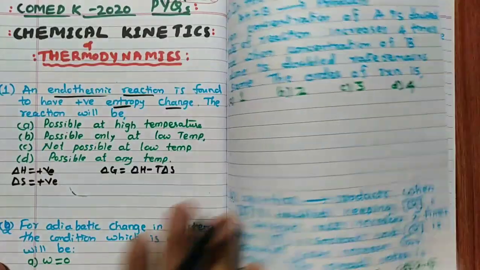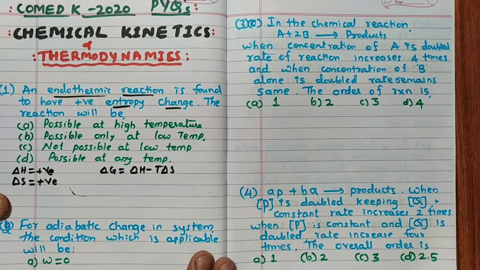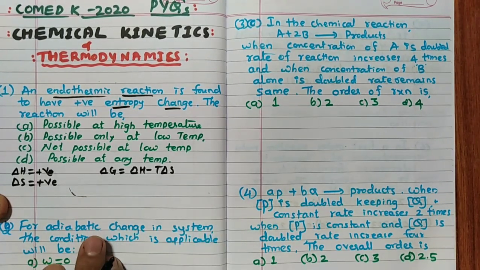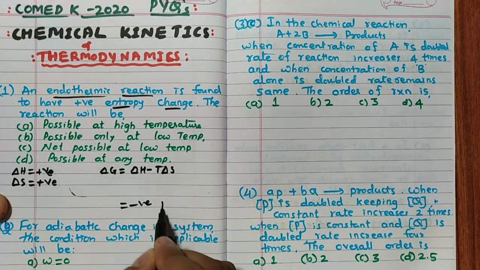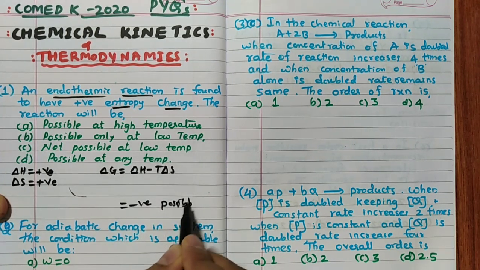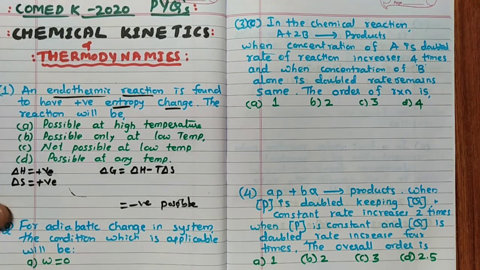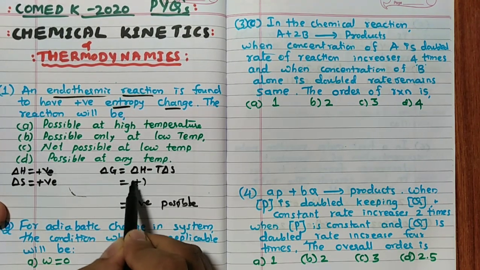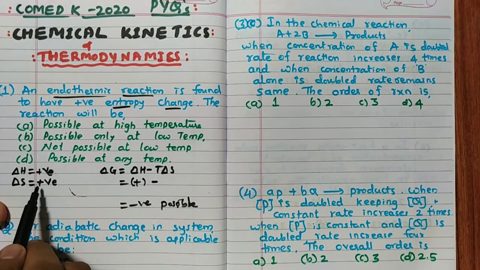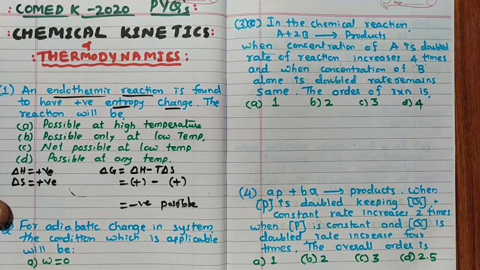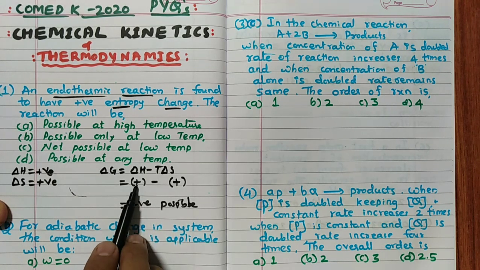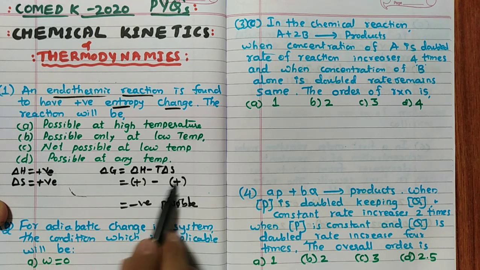Fine. Now we'll see. Delta H is positive, delta S is positive, correct? So delta G is equal to delta H minus T delta S. This should be negative for the reaction to be possible. Delta H is positive, and there is a minus sign in the formula, with delta S positive. Remember, it is just like plus 5 minus 7, which means minus 2.